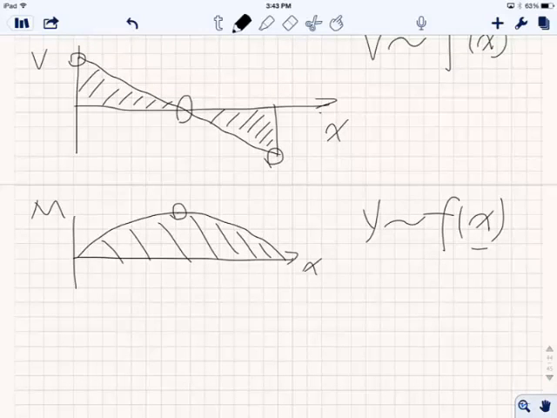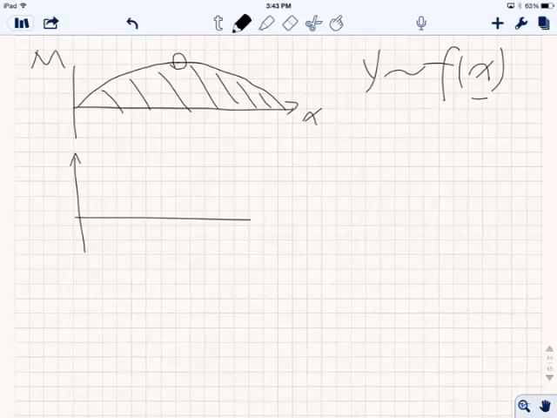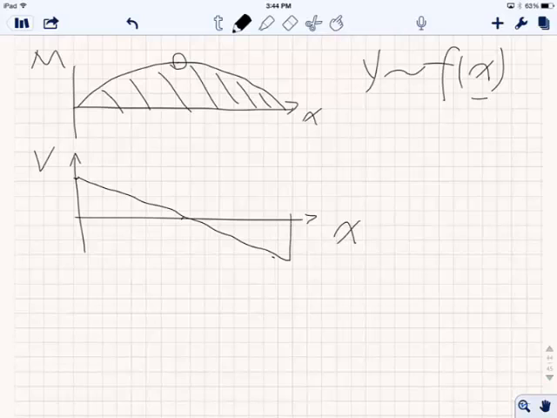Okay, so let's do one step further. V at the middle point at the end, something like that. Okay, all right. So I want to find out what's the V as a function of x, right?